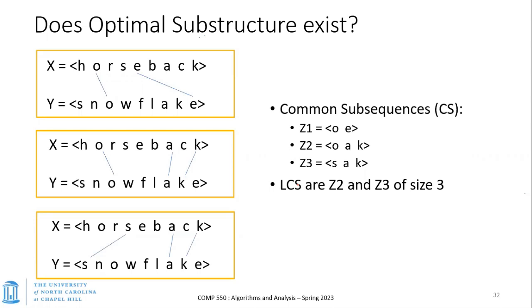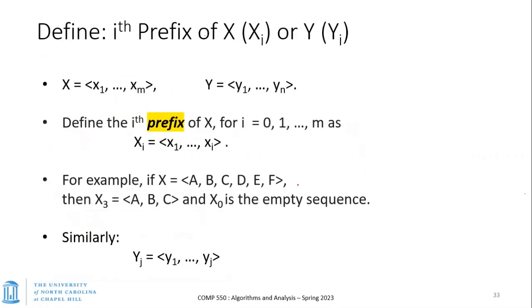So we have an optimal solution. Can you show that the smaller problems are also optimal solutions? That's an important thing that you need to get out from all of these examples. So we're going to assume that we have an LCS, and then we're going to work backwards. Let's see how we are going to do that.